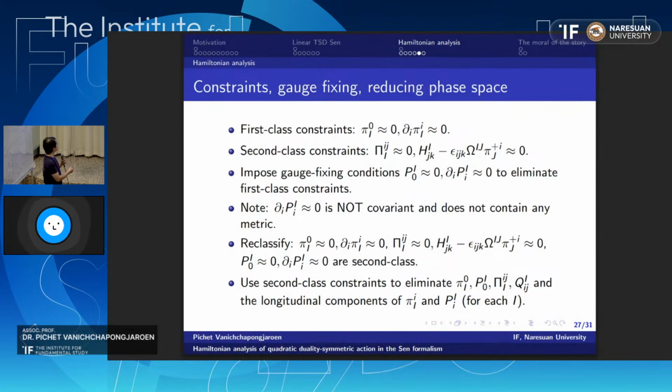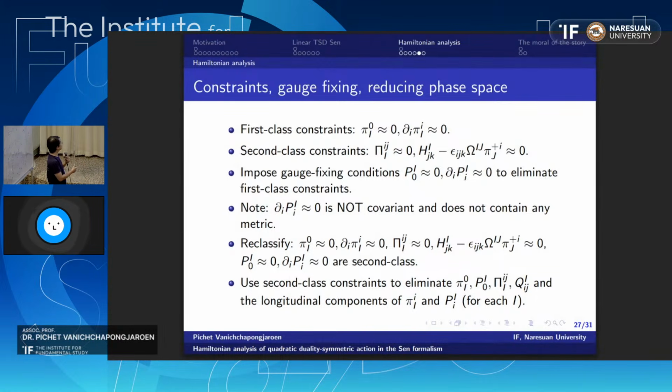Just a note that the Coulomb gauge condition is not covariant, because if it were covariant, we would be asking what metric we use to raise the index, because we have two metrics.